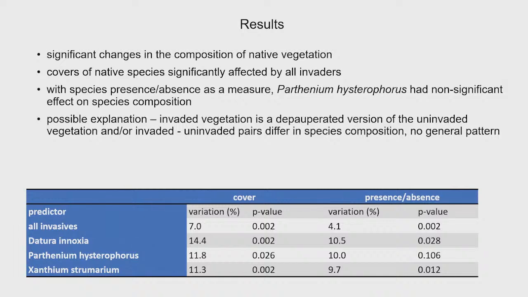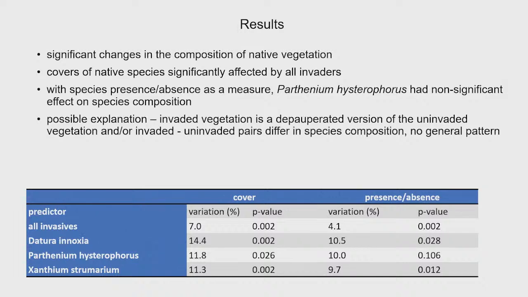What we found was that we estimated the effect of invaders on 2 components. The first one was abundances of plants, which means cover of other plant species, and the second one was presence-absence data.